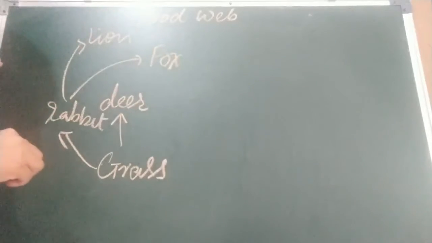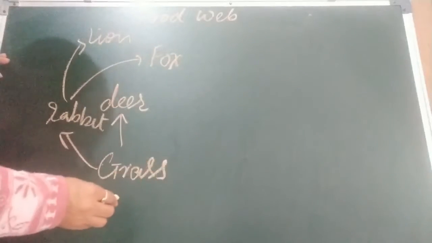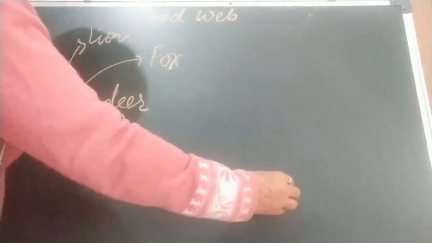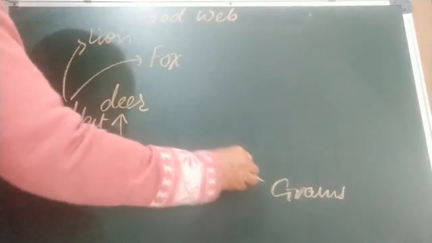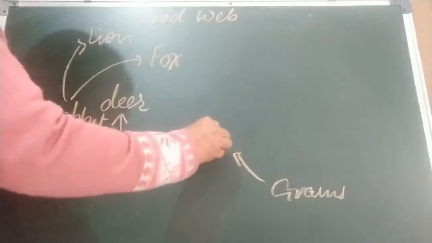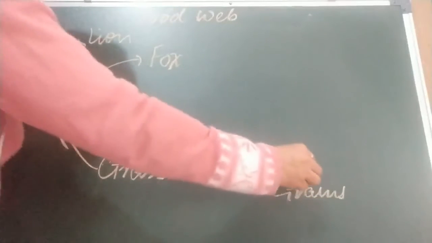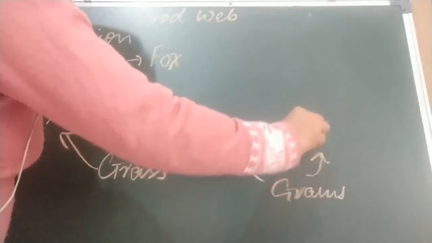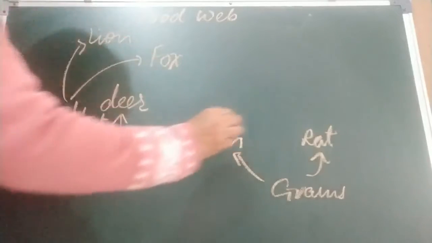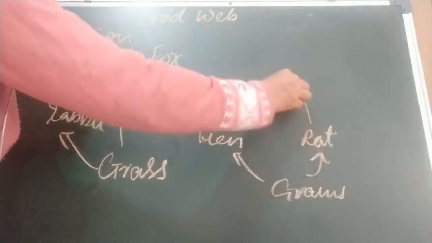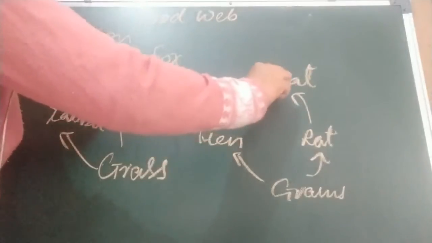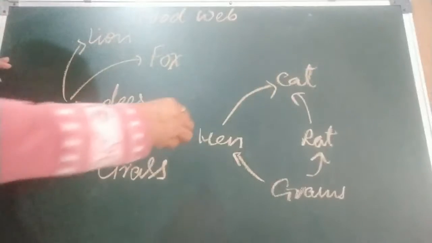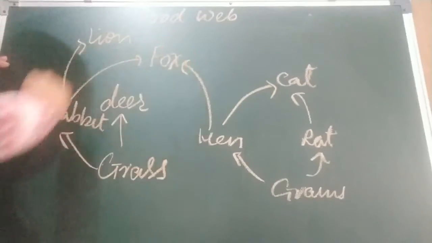Now just see the other side, grains. Grains are eaten by hen and also rat. Rat is eaten by cat. Cat can also eat hen, and this hen is also eaten by fox.